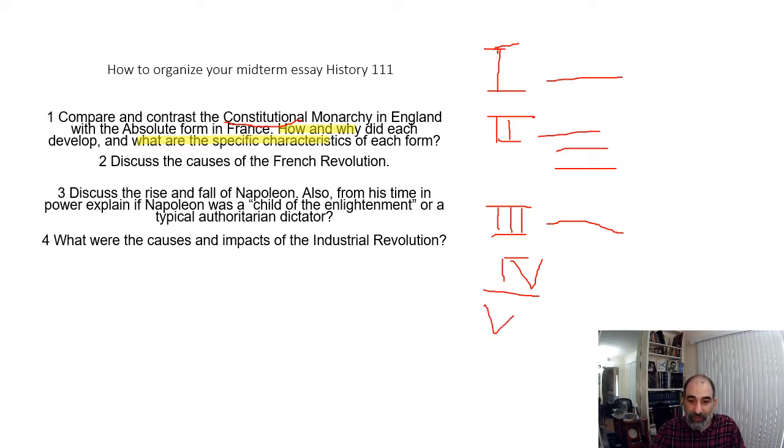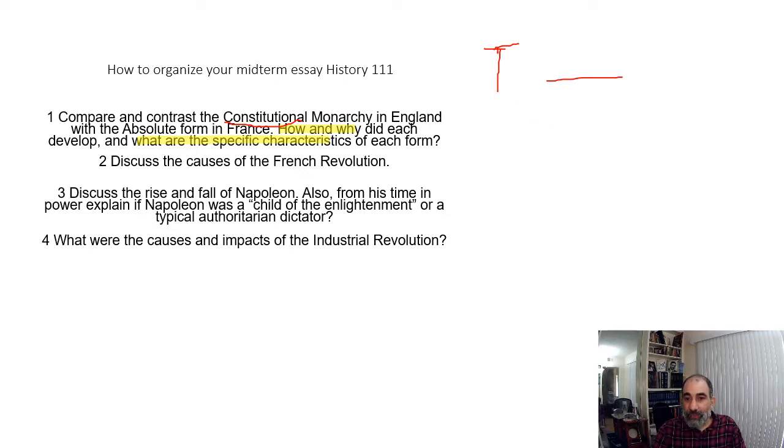And for paragraph number 5, you'd obviously be talking about Louis the 14th, all the examples I gave you, and not just the examples I gave you, but anything that might be in your textbook. So that would be paragraph number 5. And then paragraph number 6 would be a conclusion.